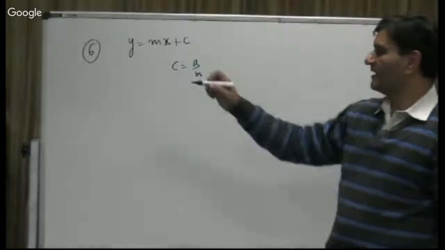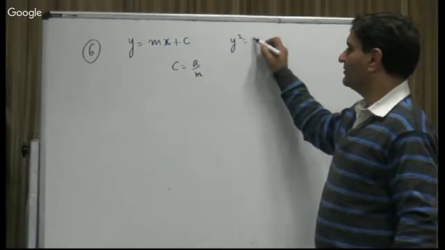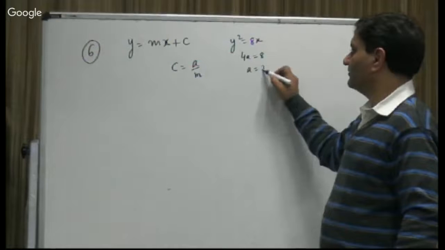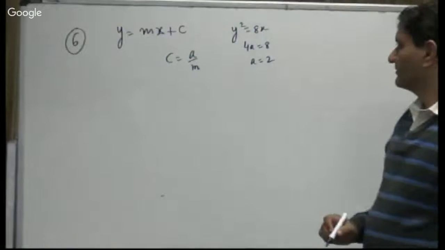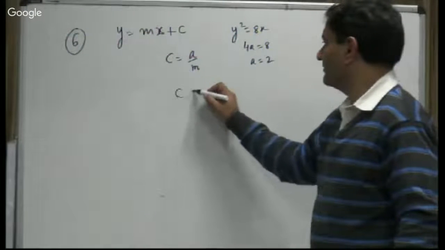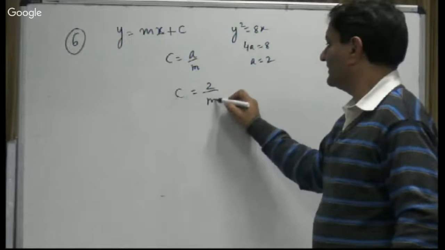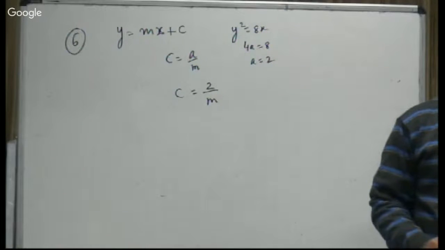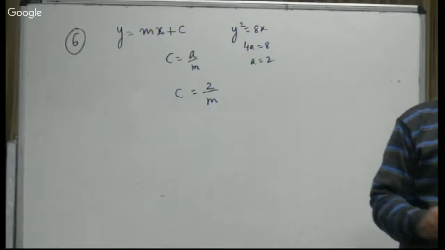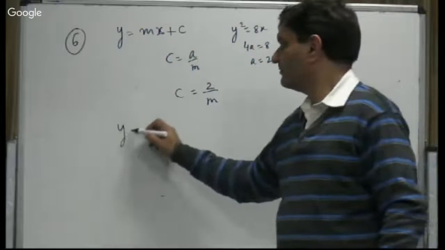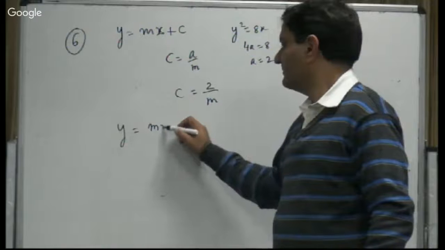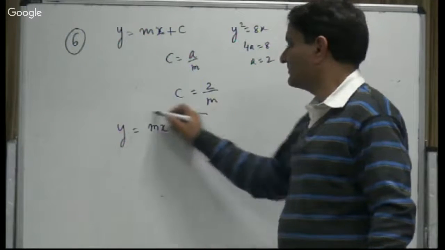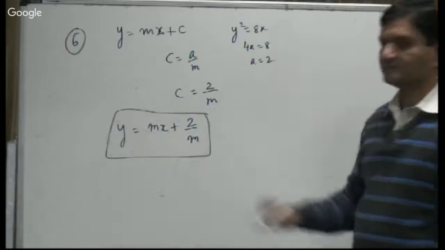Now from the parabola y square is equal to 8x, 4a is 8. What is a equal to? 2. So c will be equal to 2 by m. And what will be the equation of the tangent? y equal to mx plus c, where c is 2 by m. So this is the tangent.